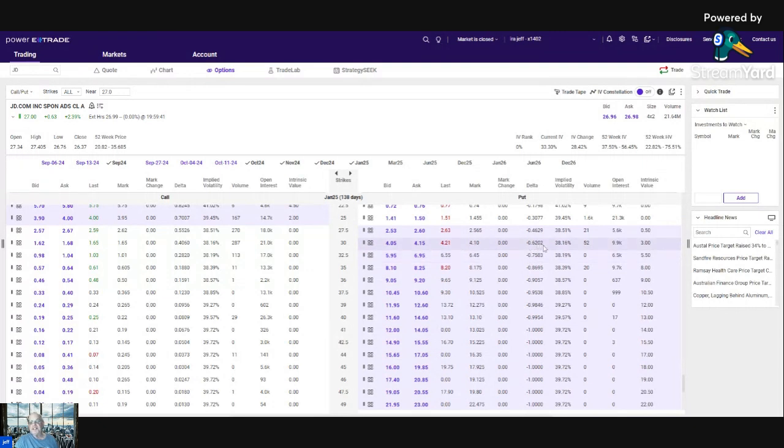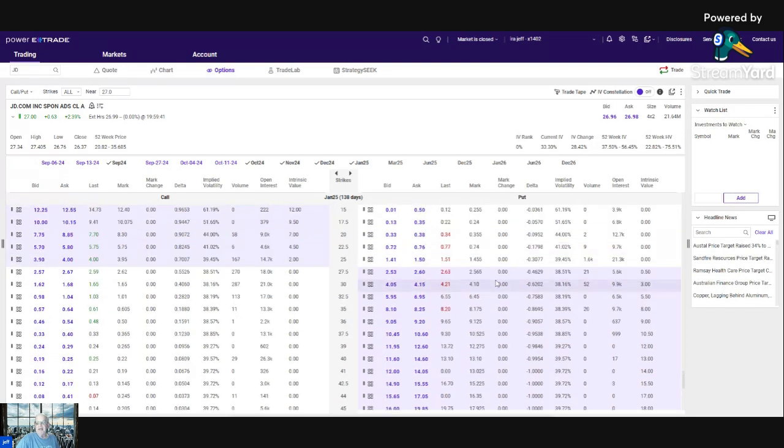What the 62 means is that approximately, because you're dealing with time value, I won't get into that for this video. You're dealing with how fast it changes, volatility. But for simple purposes, this 62 means for every dollar the stock moves down, you will make approximately 62 cents.